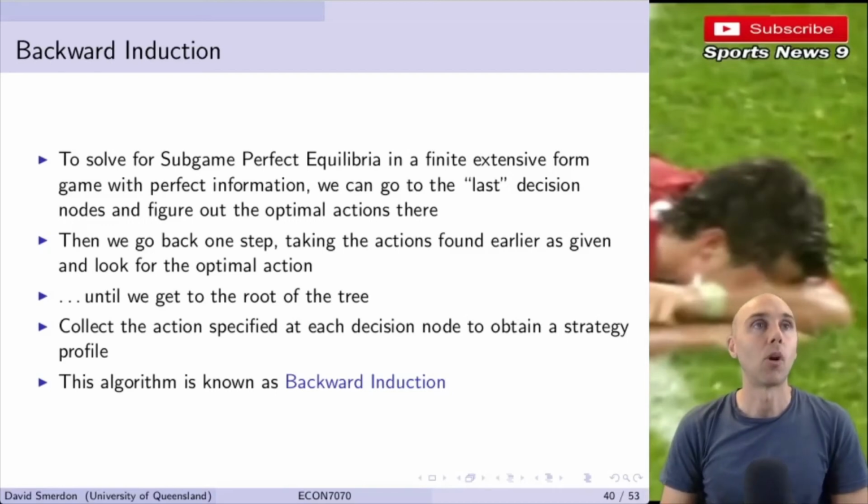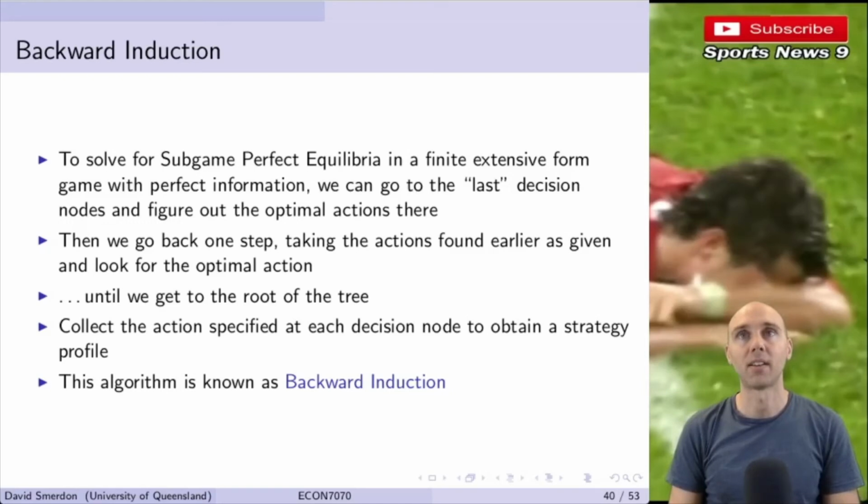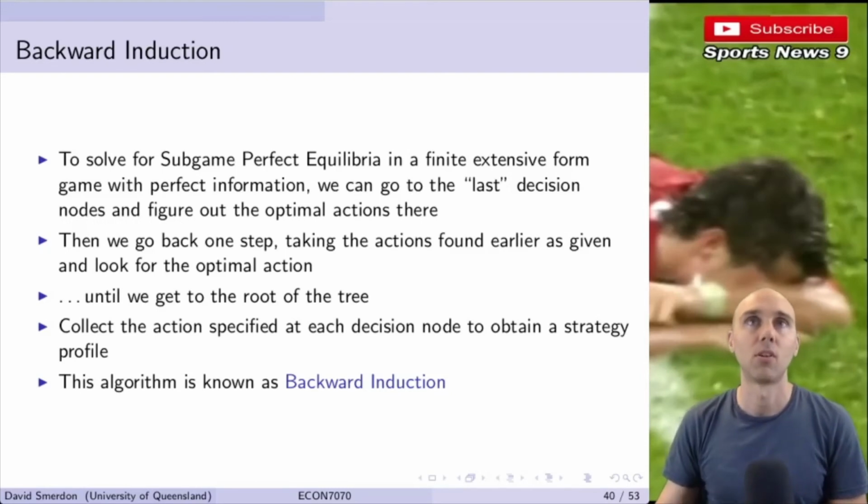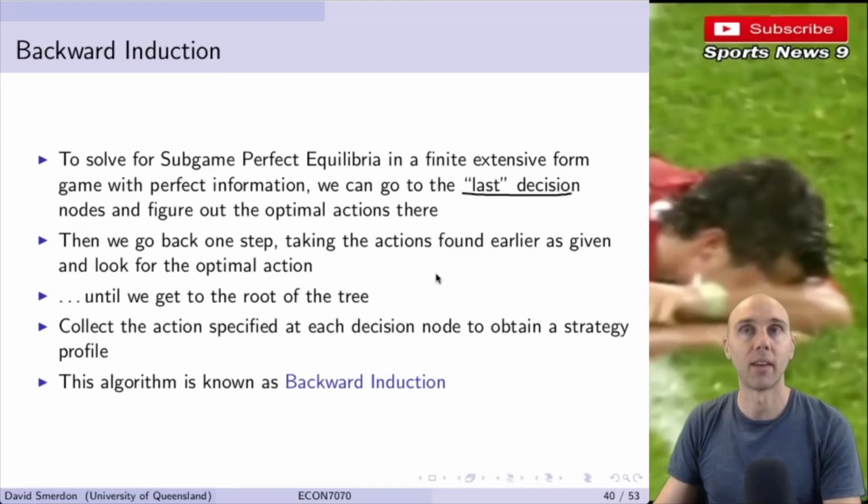But even in a more complicated tree, it's still systematically easy to find a subgame perfect equilibrium. What we do, just as in the Pirates game, we go backwards. We call this technique backward induction. So we go to the last decision node or the set of last decision nodes. We find the optimal action that's done there, and then we take that payoff back to that decision node and replace it essentially.